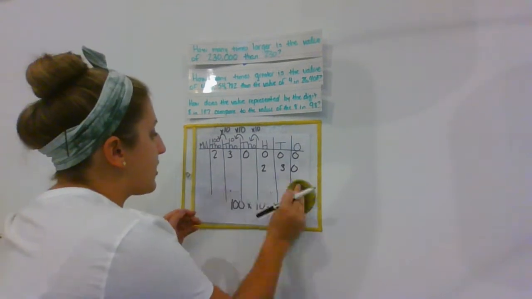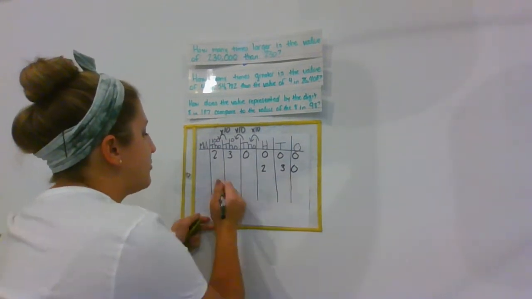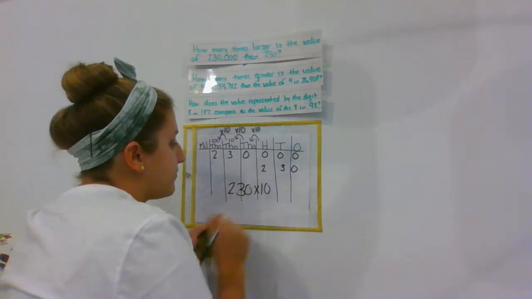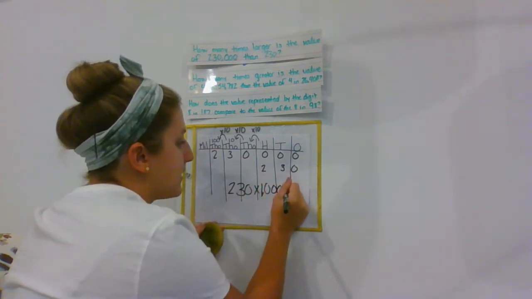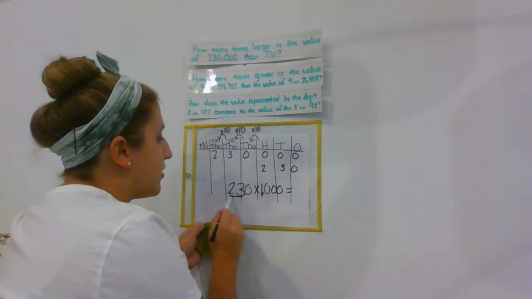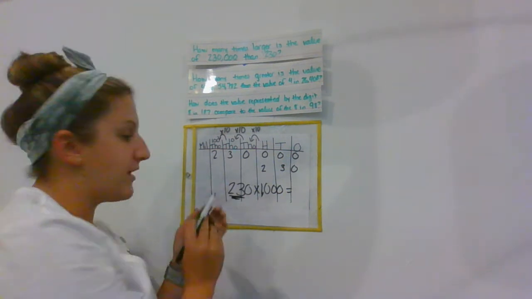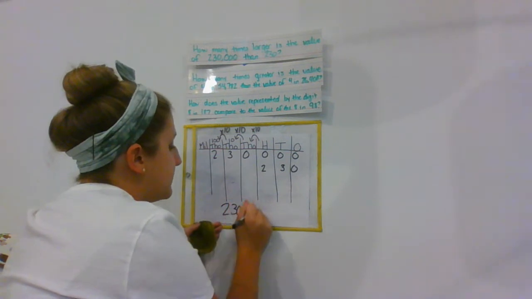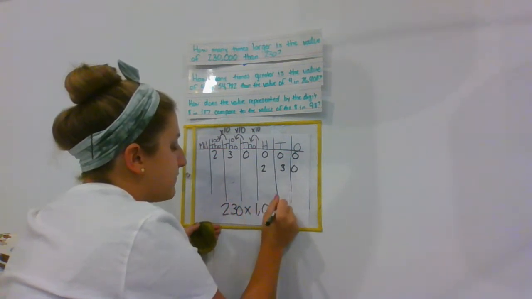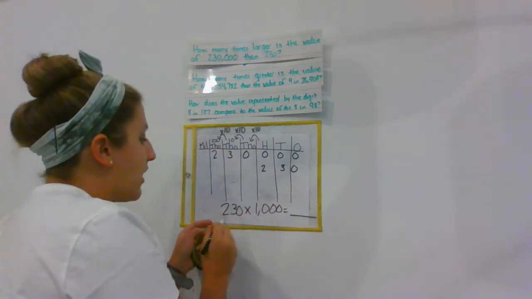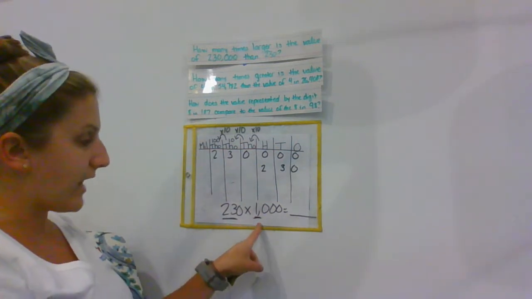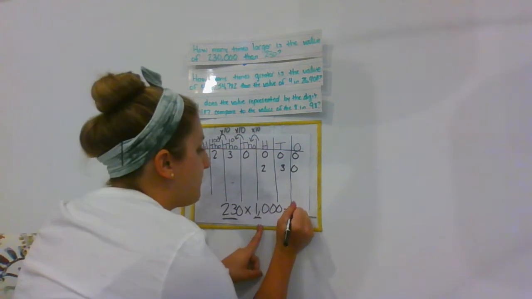A way that we could check our work is we could do 230 times 1,000 equals blank. I'm going to move this down here so you could see it better. I'm going to underline the numbers that are not 0 in my problem. 23 times 1 gives me 23.